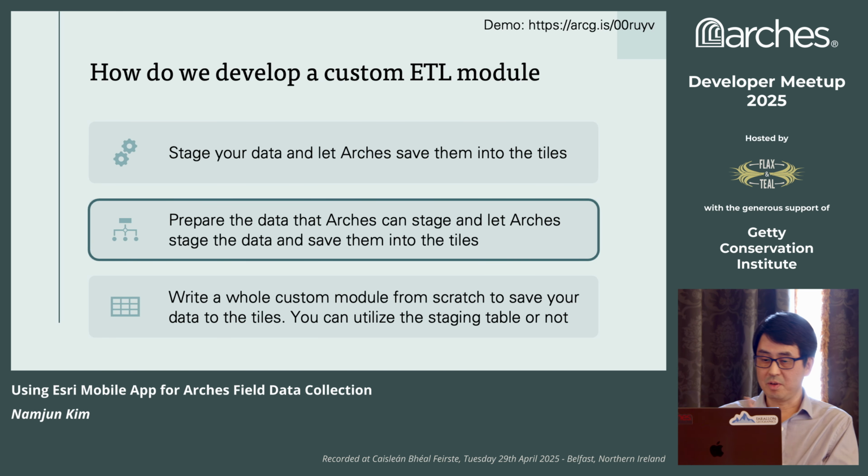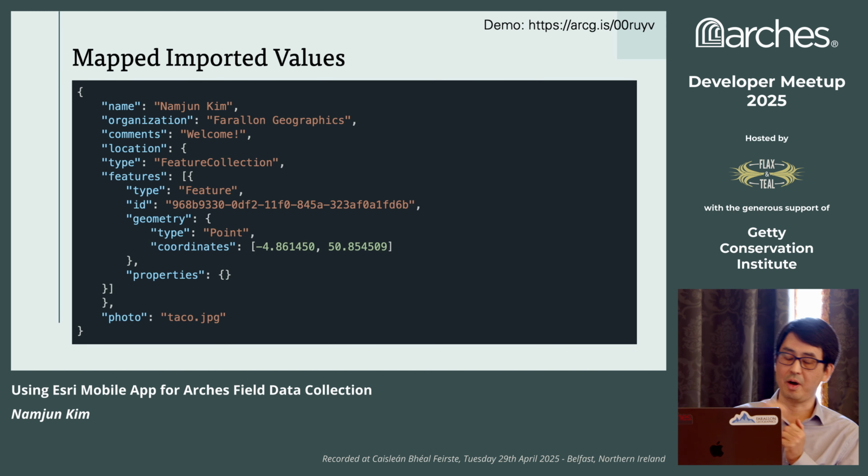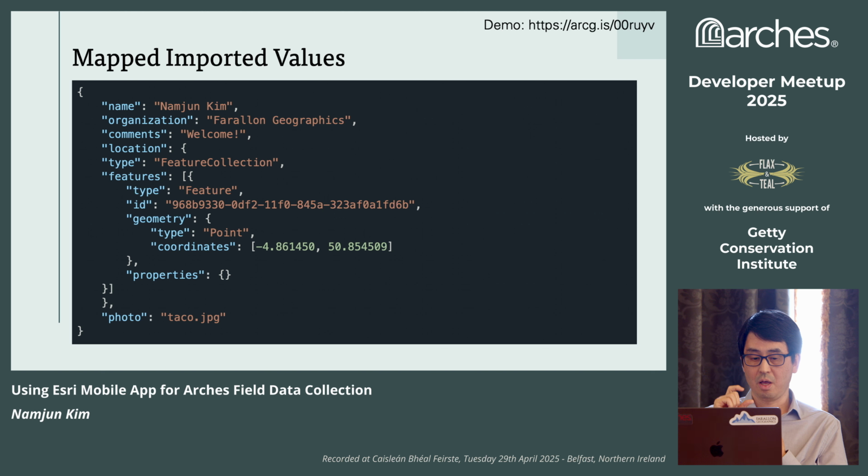The next possibility is to prepare the data that Arches can stage and then save to the tile. Basically, you have a JSON key-value pair, with the node alias as the key and the node value as the value. Then Arches can stage the whole thing to the staging table with the metadata.